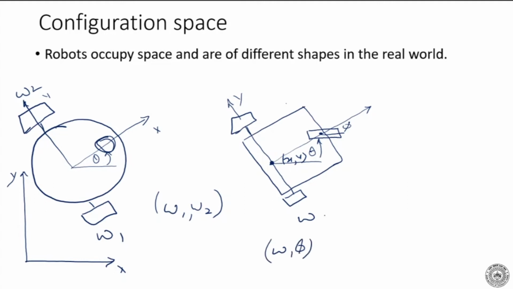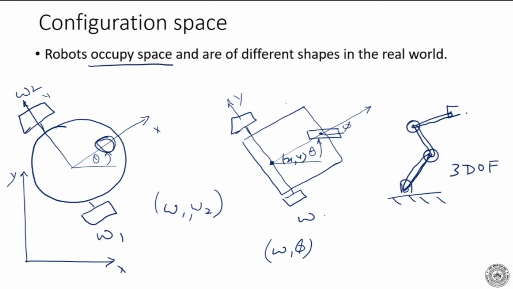Now you can also have a serial arm robot like this, with multiple degrees of freedom, say a 1, 2, 3 DOF arm. These arms have physical lengths and dimensions. So mobile robots, serial arms, and even a flying robot like a quadcopter occupy space in the real world.